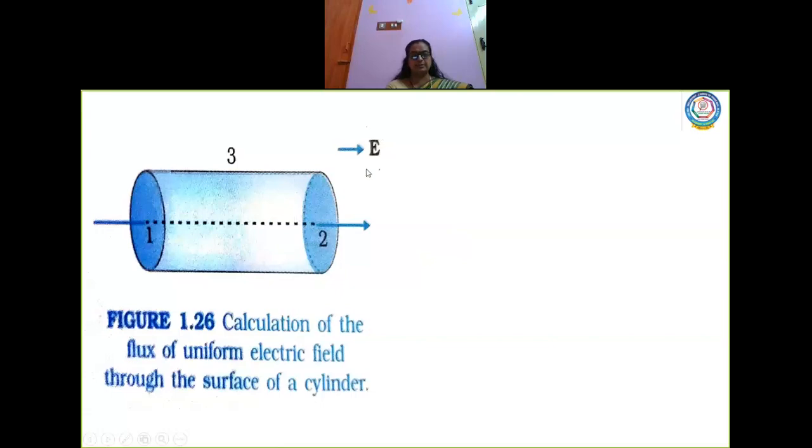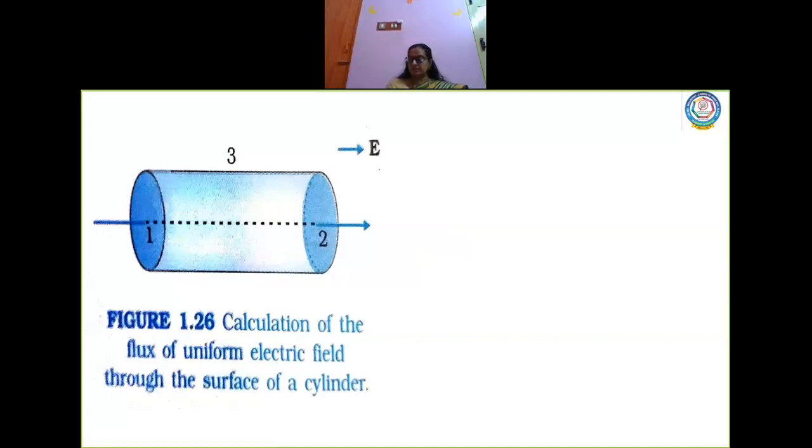They are parallel to each other. Now I'm going to find out what is the electric flux through this surface, and I'm also going to say that the flux through this surface is going to be 0. So how am I going to do that? Let us see here. Now the axis of the cylindrical surface is very much parallel to the electric field.